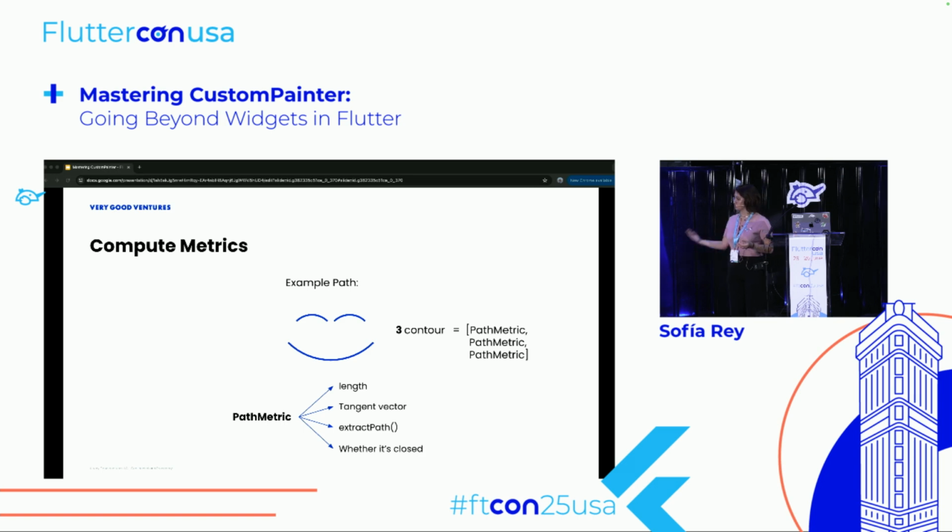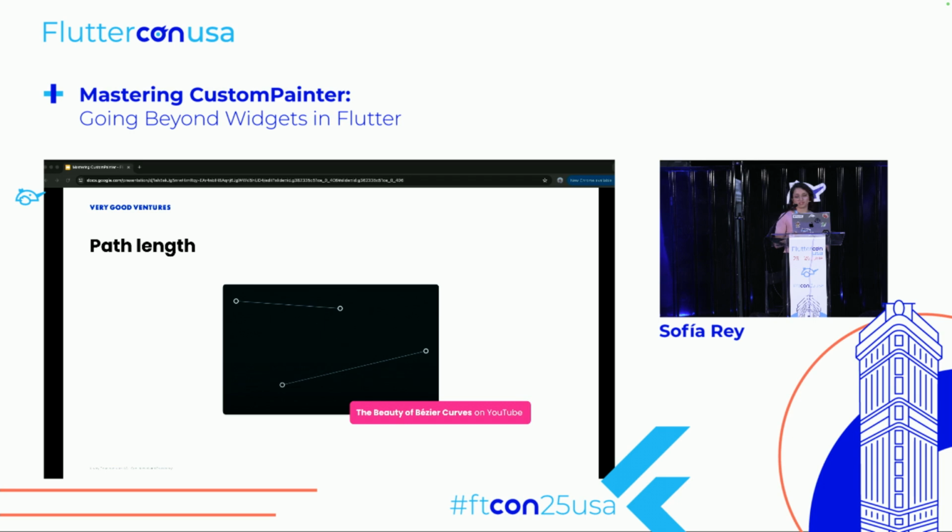There's a lot of information in this path metric, but for our case, what we need to do is know the length of each contour and be able to sum up all of the lengths to know the length of our entire track. You may be wondering how the length of a path is calculated. Basically, Flutter does all the math for you.